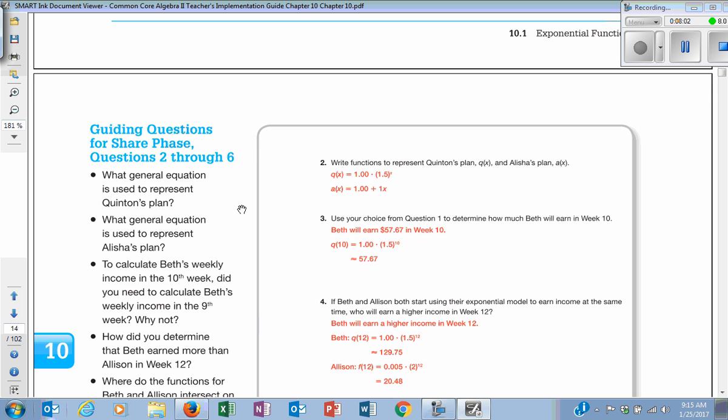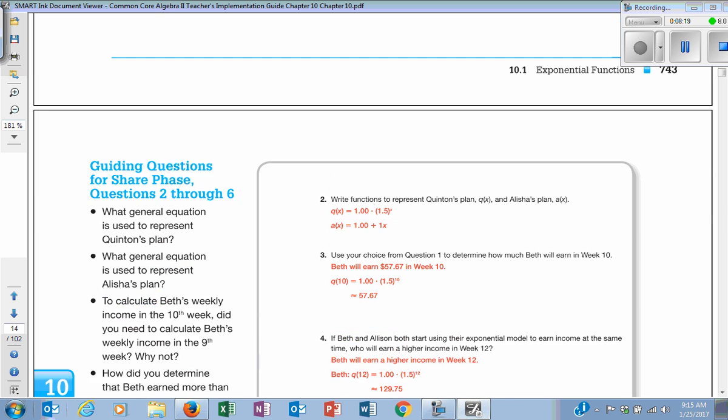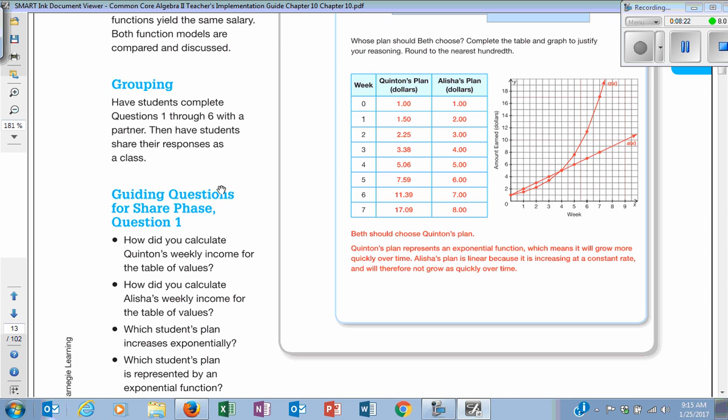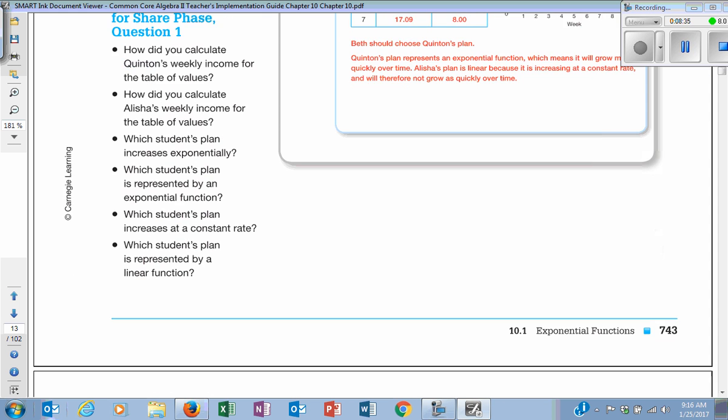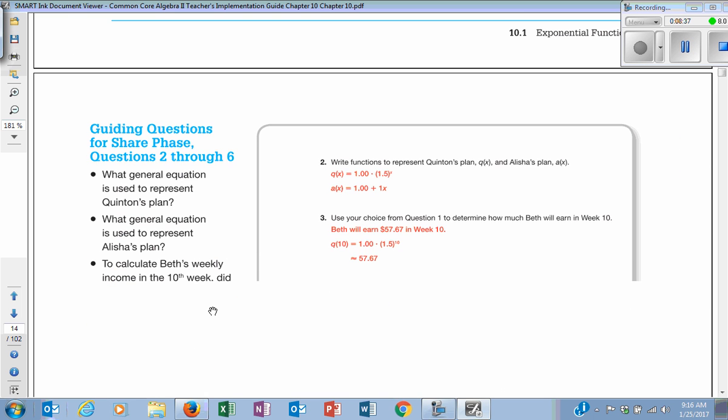So notice if we write Quentin's plan, it would be 1 because the initial is $1, and then times 1.5, because each time, if you look back, you're taking this and going times 1.5 times 1.5 times 1.5, because you're taking itself and multiplying it by itself and half more, which is 1.5.